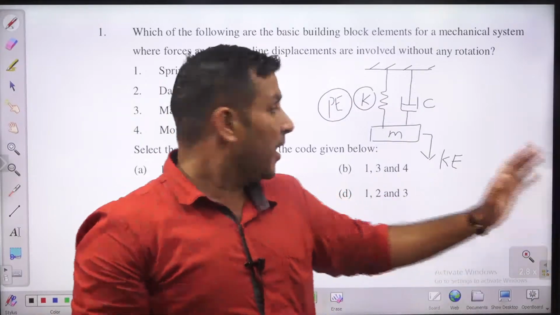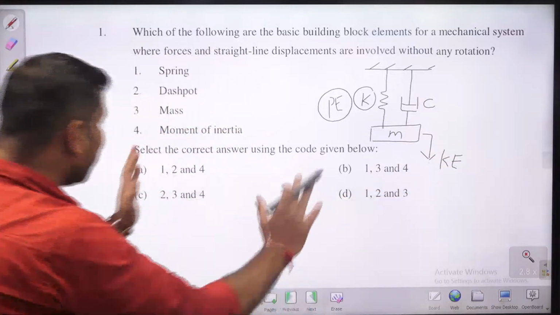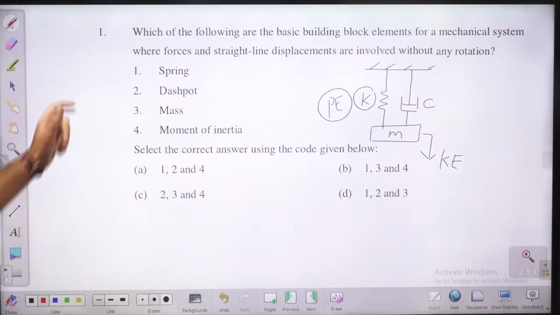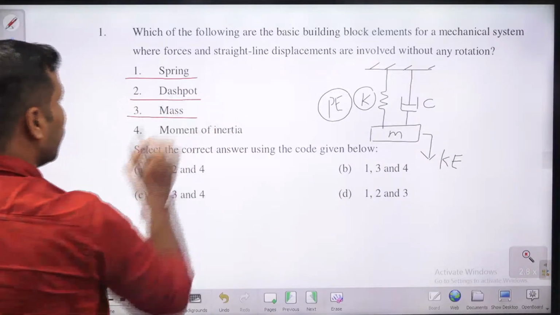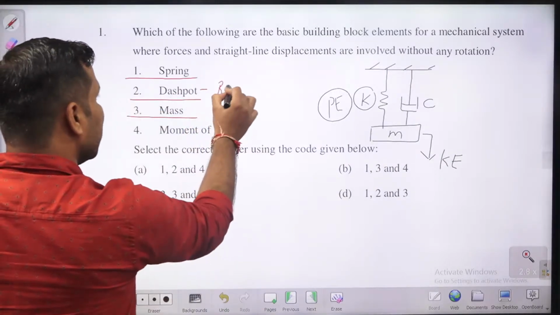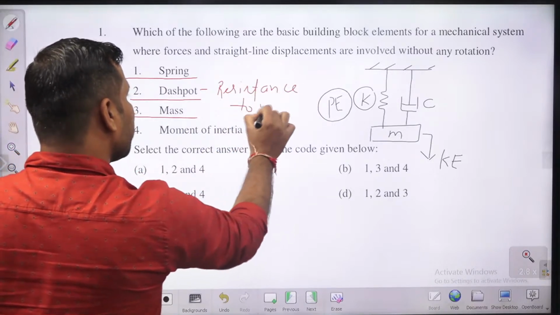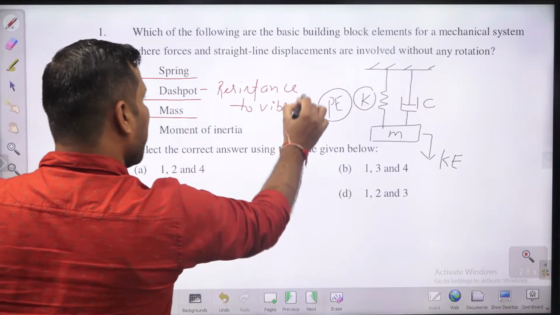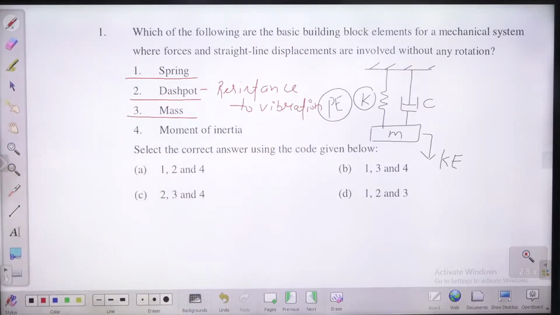A damper is a resistance to vibration. That's why in any vibration system there must be a spring, some mass, and some dashpot, meaning resistance to vibration. These are the three things which must be there in any mechanical vibrational system.